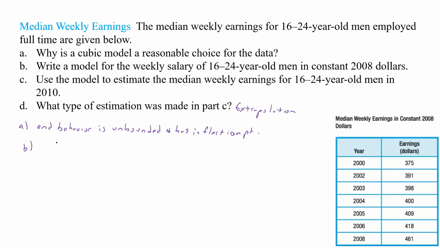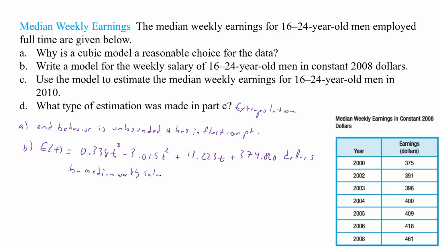Okay. Now B, the model. Well, we had E of t equal to 0.338 t cubed minus 3.015 t squared plus 13.223 t plus 374.860, and it's in dollars for median weekly salary for the 16 to 24-year-olds, where t is years since 2000, and t is greater than or equal to 0 and less than or equal to 8.